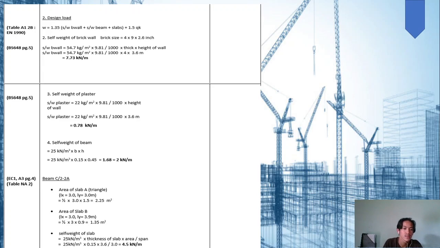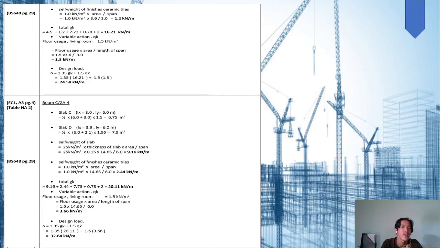And then area of slab first. Area of slab A value is 2.25 meter squared, and also area of slab B 1.35 meter squared. And then the self weight of slab is 4.5 kilonewton per meter.